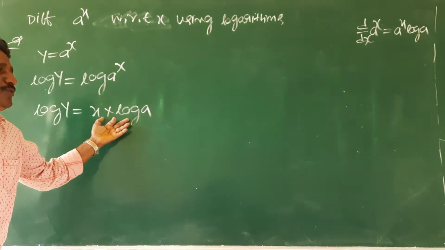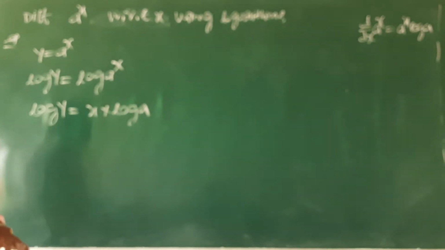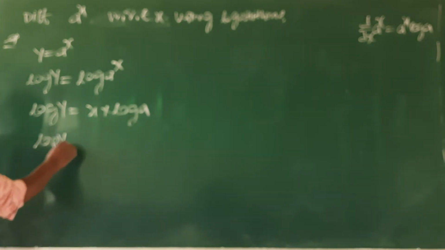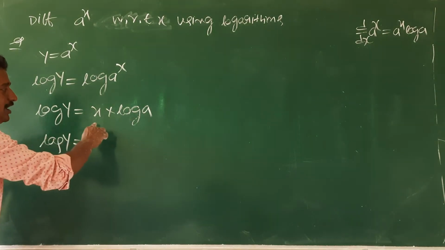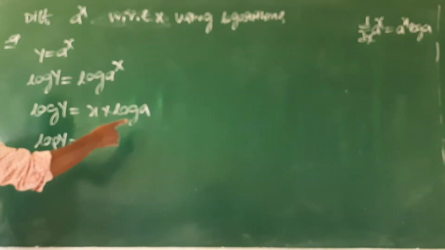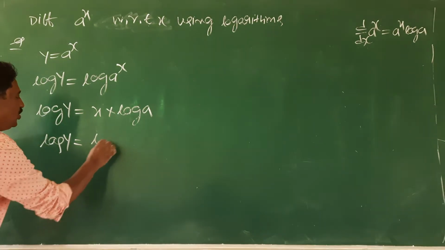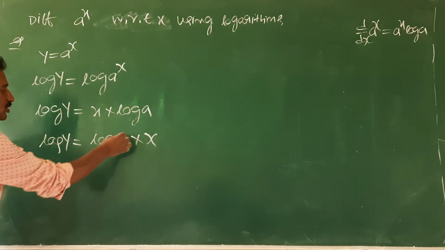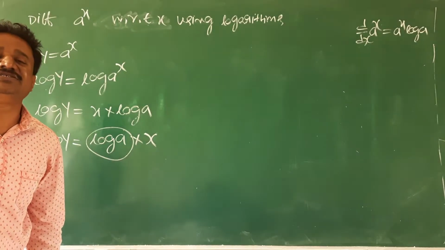Now you can apply the UV rule, students. Instead of applying the UV rule, you can think of constant into function. A into b is same as b into a. Instead of writing x into log a, I write log a into x, because log a is constant.